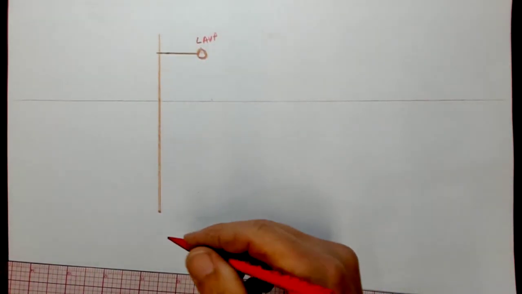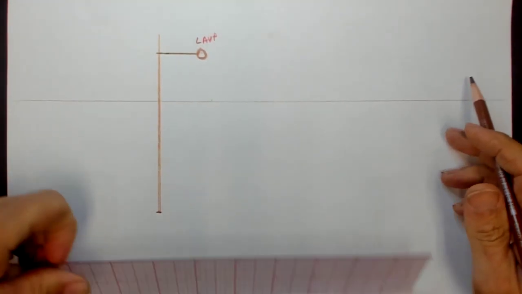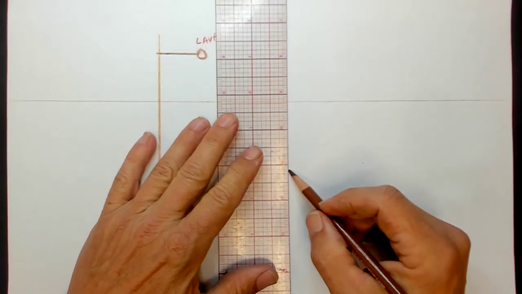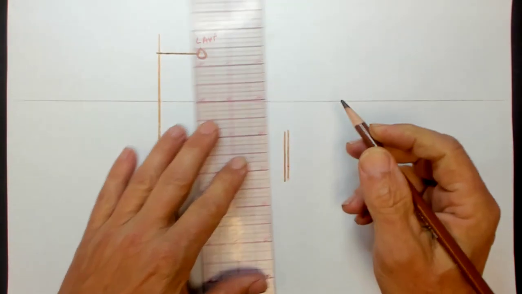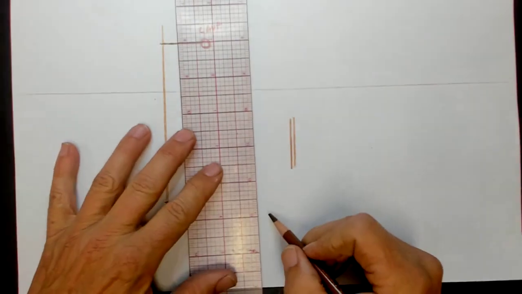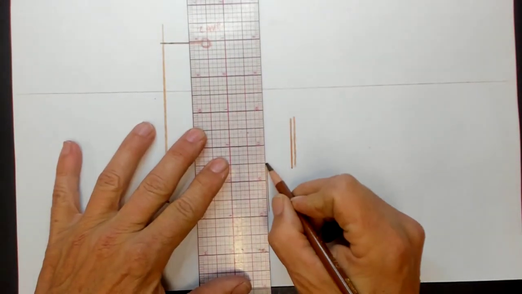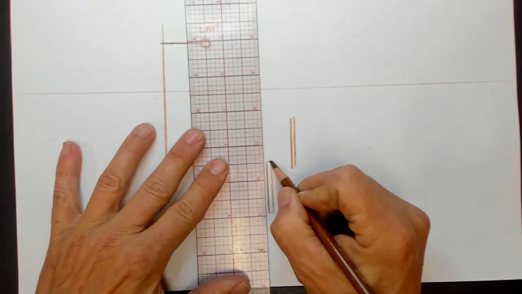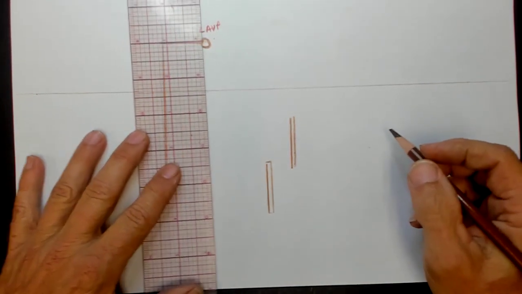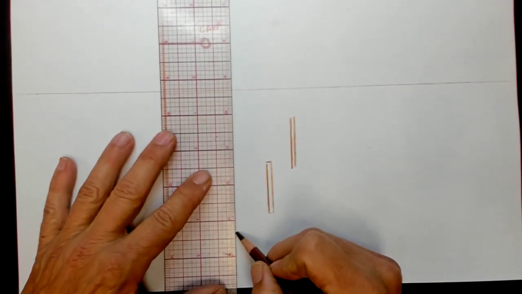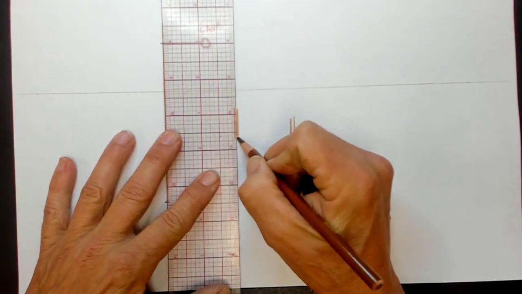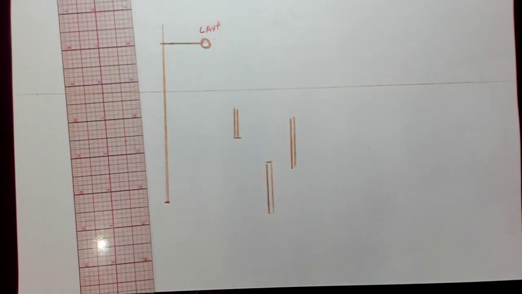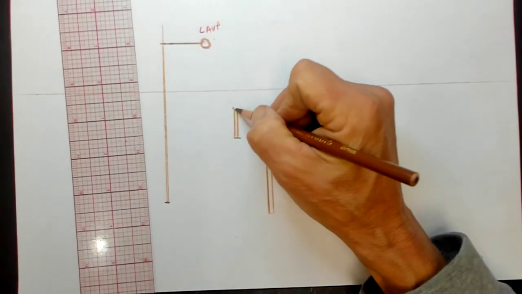And if this is setting on the ground, let's make a little stick. We could actually make a few sticks. Let's put one over here, small one over here. Okay, so here's 3 sticks on the ground.